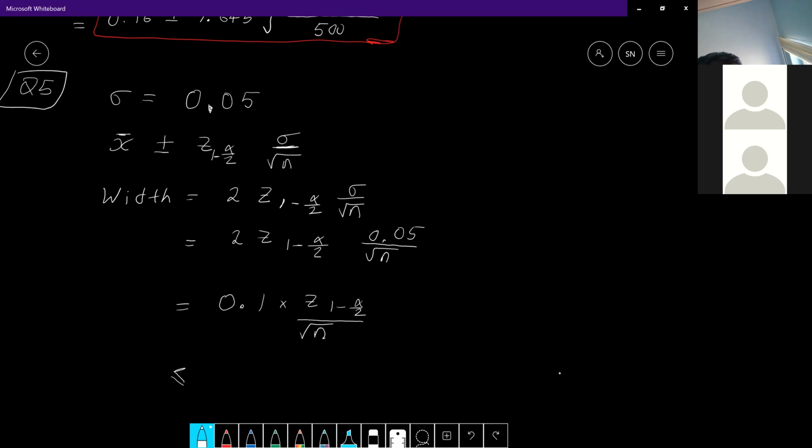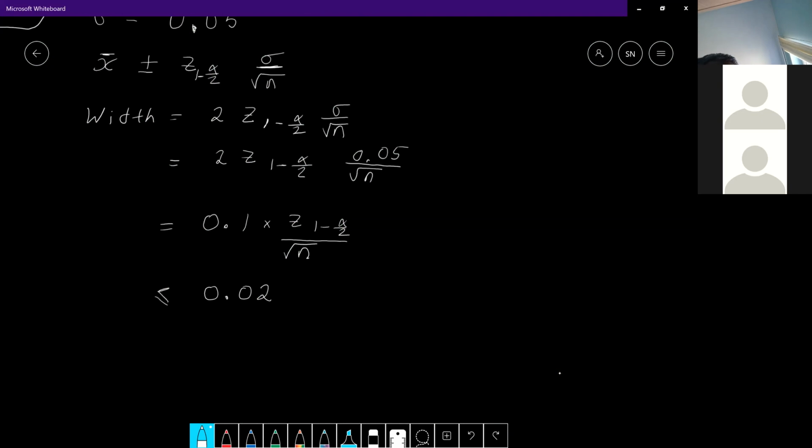0.02. So we want this to be less than or equal to 0.02, which is the same as saying that it's less than or equal to 0.2.